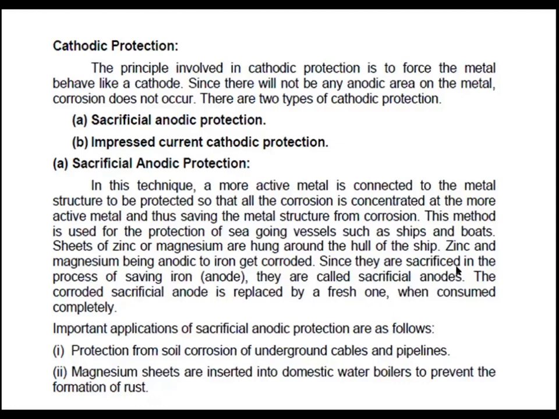Since they are sacrificed in the process of saving iron, magnesium and zinc sacrifice themselves. They are called sacrificial anodes. That's why this method is called the sacrificial anodic method.